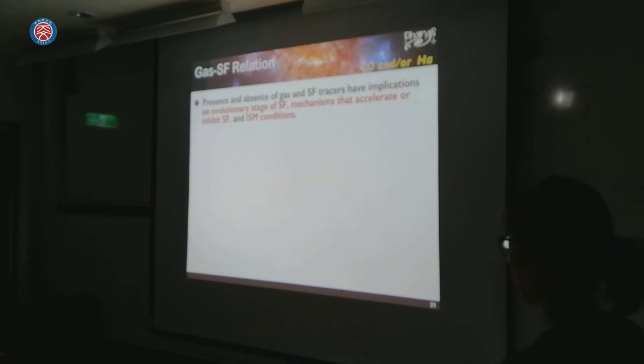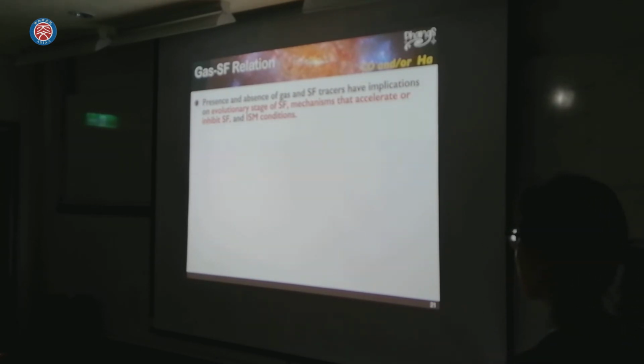And the presence or absence of gas and star formation tracers has some implications for the evolutionary stage of star formation, or the mechanisms that trigger or inhibit star formation in different ISM conditions.